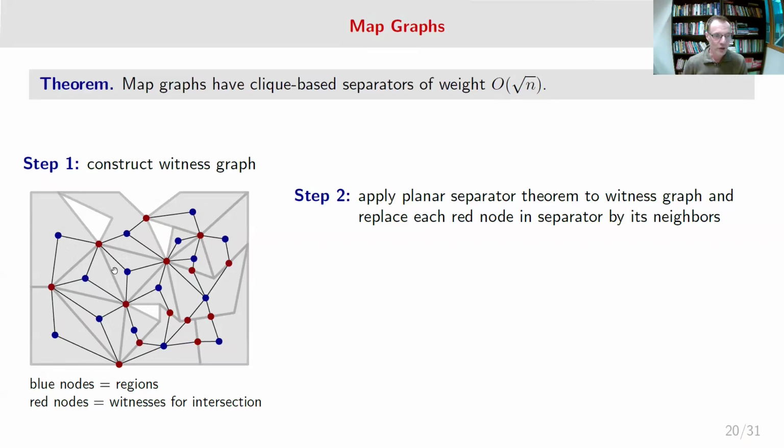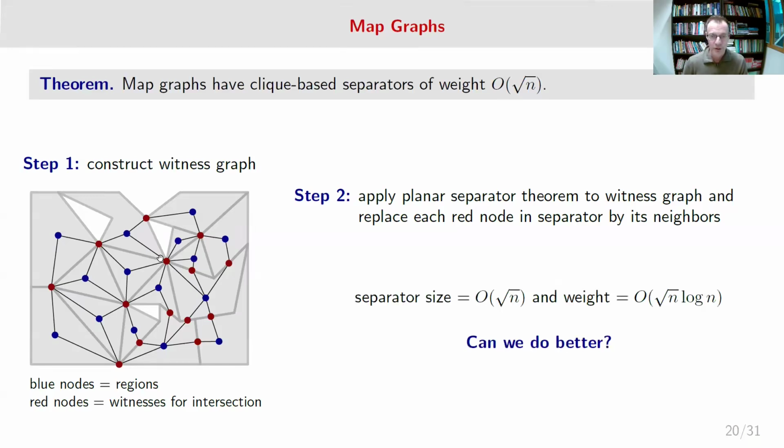Instead, I look at this witness graph that is planar and still has linear complexity. I compute a separator in this witness graph, and whenever my algorithm puts a red node into the separator, I simply put all the adjacent blue nodes, which is fine because it's a clique. So that's easy.